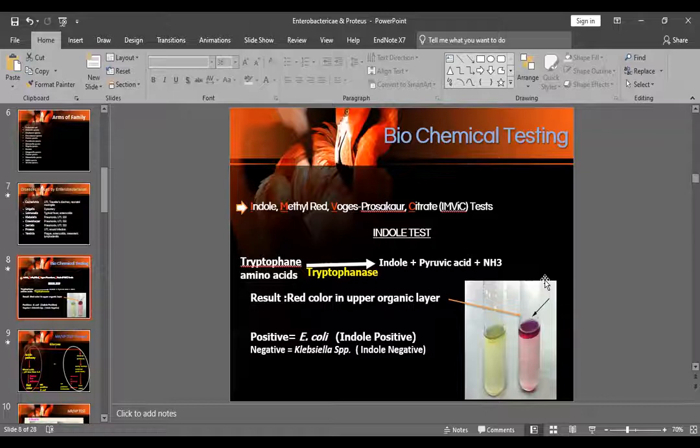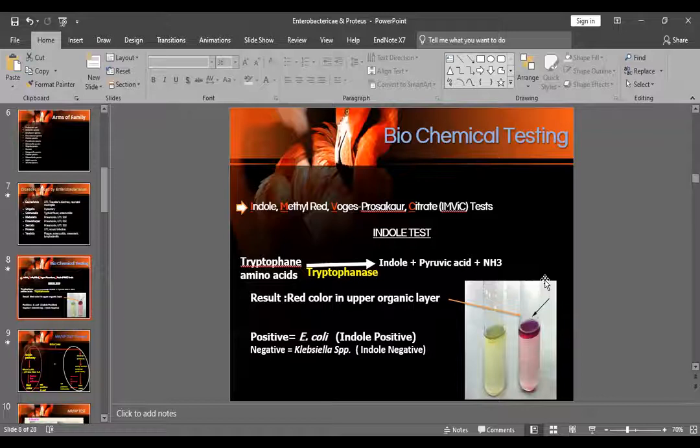If indole is produced, then on addition of a special reagent, which is known as Kovac's reagent, when the bacteria is an indole producer, we can find indole as a pink color ring on the surface of the broth.